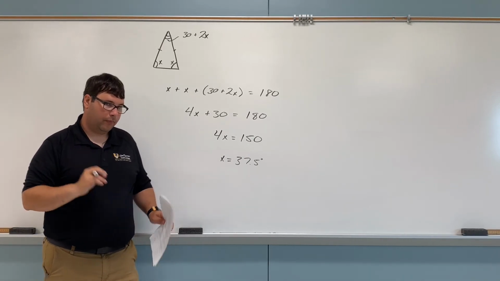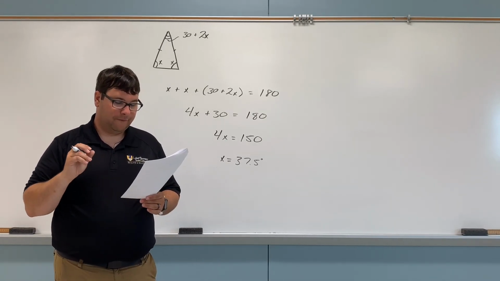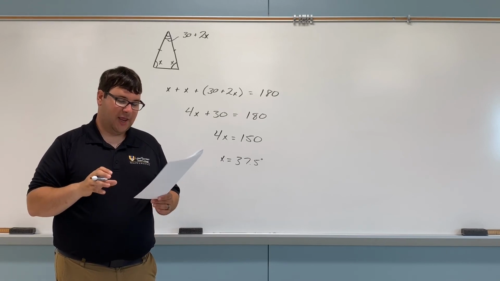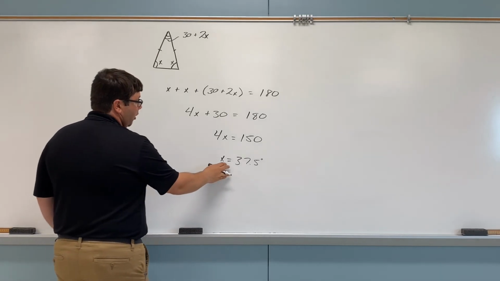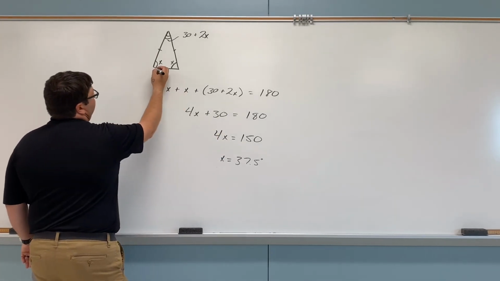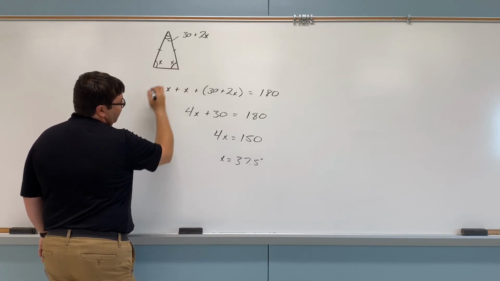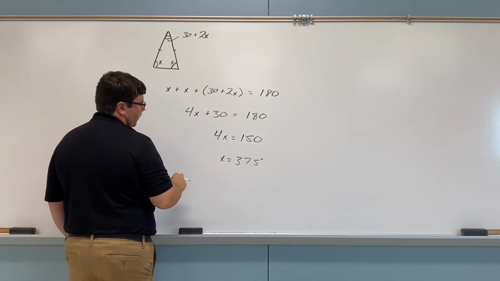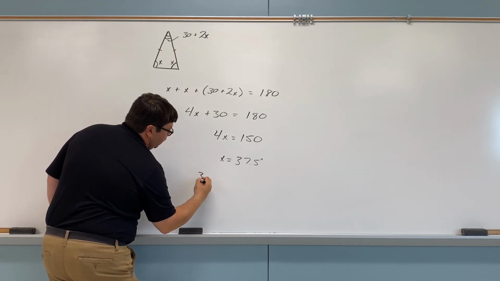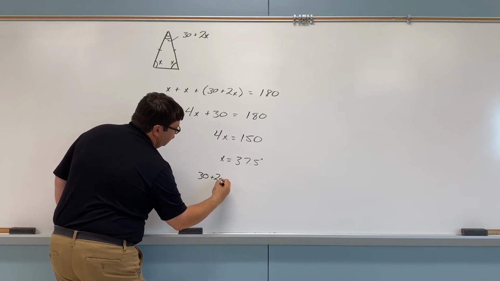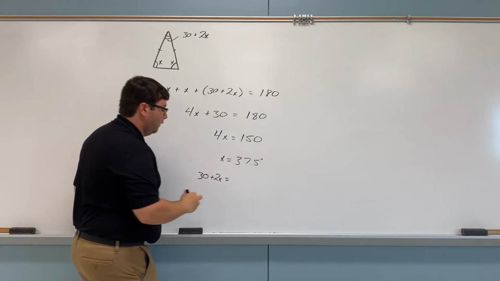Now, let's go back. The question here is find the measure of each angle of the triangle. Did we do that? We have x, which is this angle. It's also this angle. So we have the measure of the first 2 angles. The next one, the third angle, is 30 plus 2x. So you just have to simply plug it in and solve.